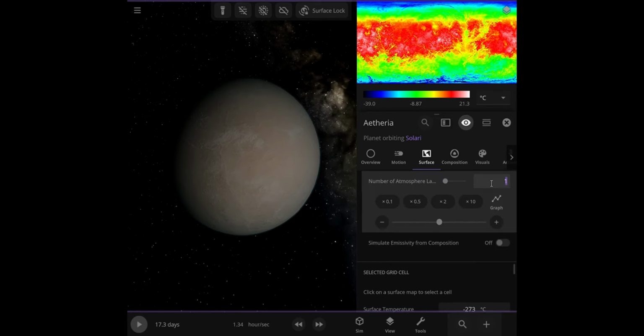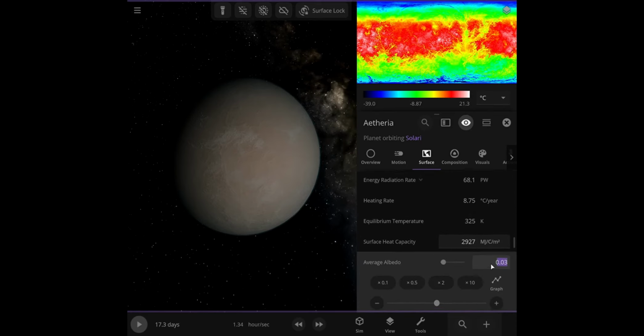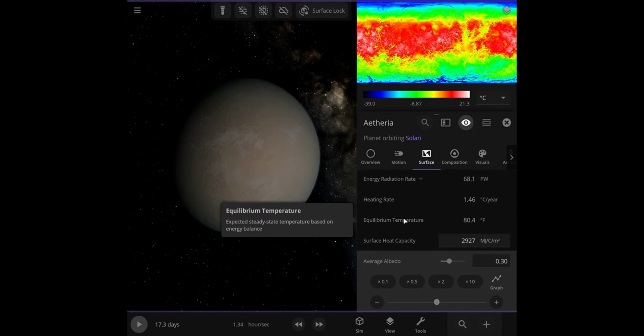Close. We're also going to get 2 atmospheres. Now we're going to increase the albedo, or the reflectiveness of the body, till we get 300 degrees Kelvin. There you go. This is about 26 degrees Celsius, or about 80 degrees Fahrenheit. So a very nice temperature to be living on.